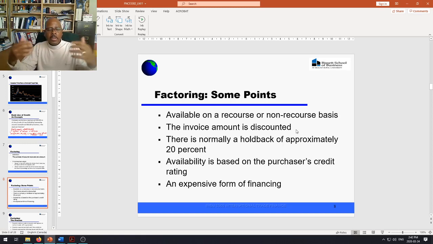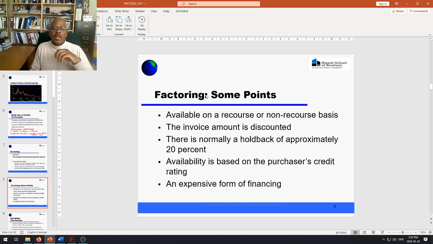Well, they'll discount that back by a certain percent, usually somewhere between 3 to 8%. So this is very expensive, because 3% every 30 days corresponds to about 36% a year, and 5% every 30 days, which is not uncommon, will correspond to about 60% a year. So it's an expensive form of financing.